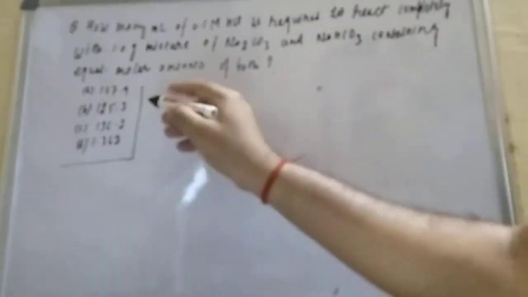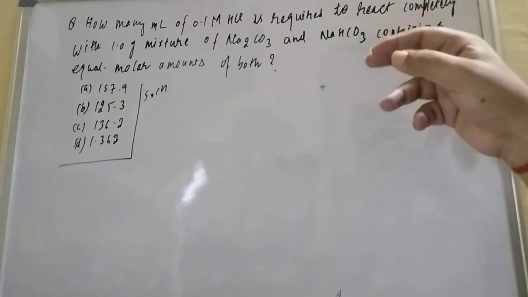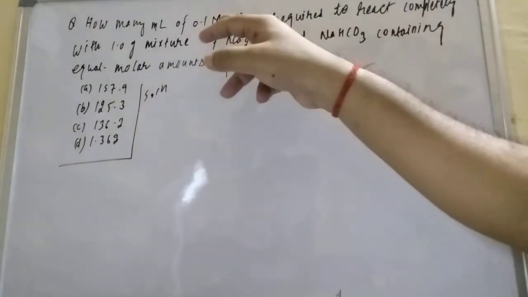Firstly, try to understand the concept: we are using the number of equivalents, and they have given the volume with 0.1 molar.